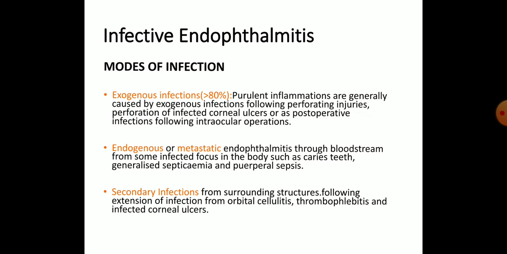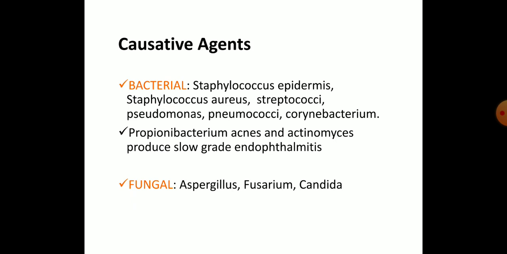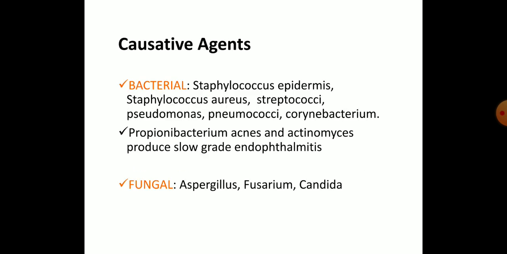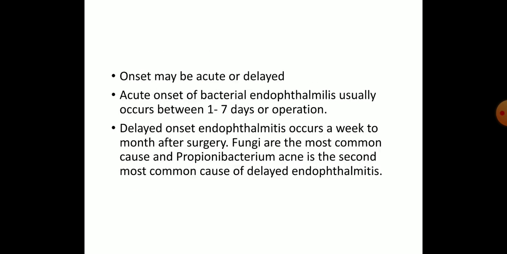Dental caries, septicemia. Secondary infection following orbital cellulitis or infected corneal ulcers. That means after some infection in the nearby structures, infection spread to the eyeball from the orbit or from the corneal ulcer. So the causative organisms are bacteria, fungus mainly. The onset can be acute or delayed.